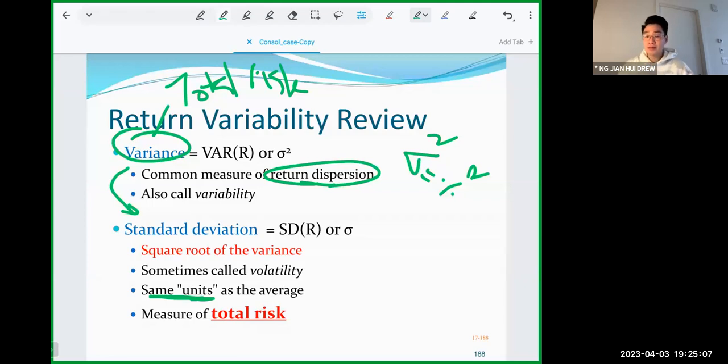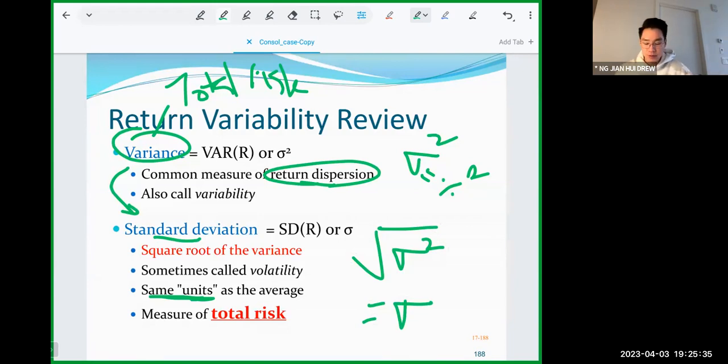So it becomes very difficult to compare things with a percentage square, which is why we do standard deviation, where we just square root the variance. Sigma square is the variance, so you square root the sigma square, which gives you sigma. So the main thing is about the comparability issue. 5% square doesn't mean it's 2 times that of 2.5% square, because it's a square.